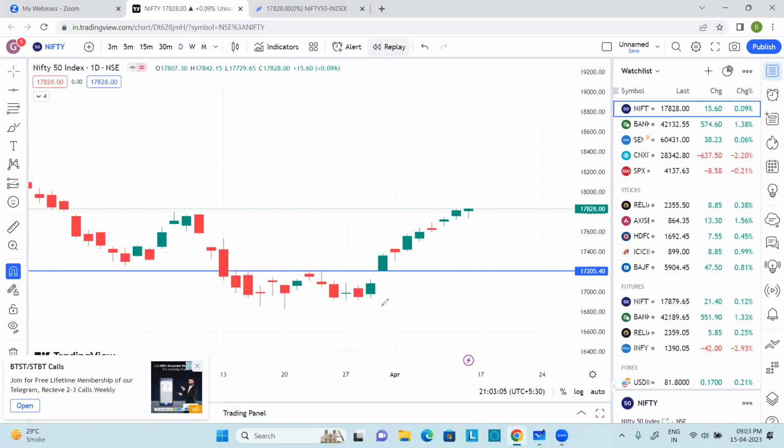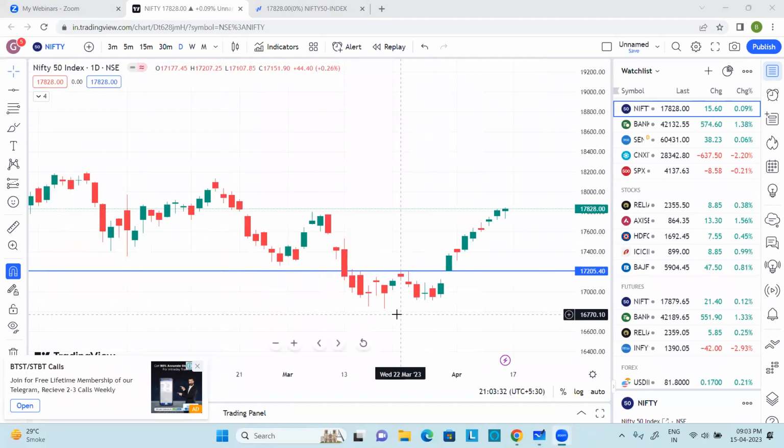Price was trading here, there was a strong resistance, and here price opened above the resistance and gave a clear indication of a strong breakout. This is a perfect breakaway gap. Let us see some more examples.